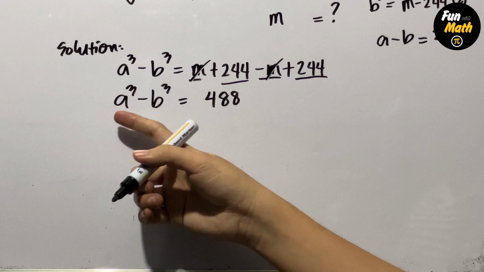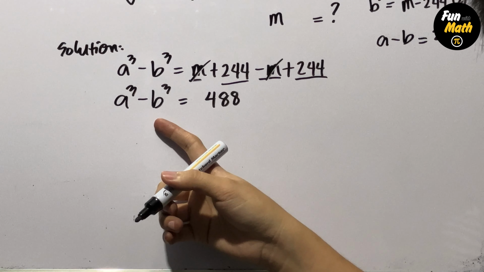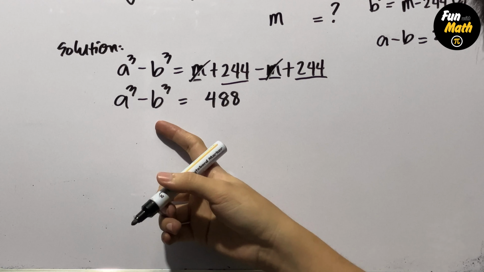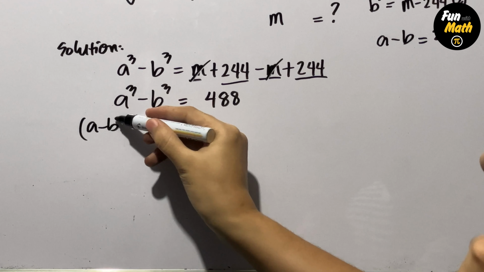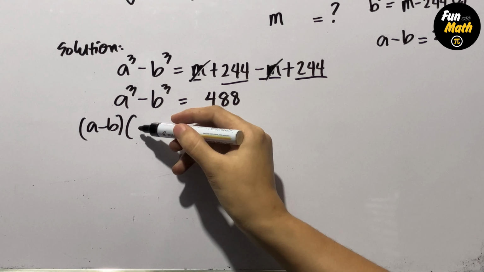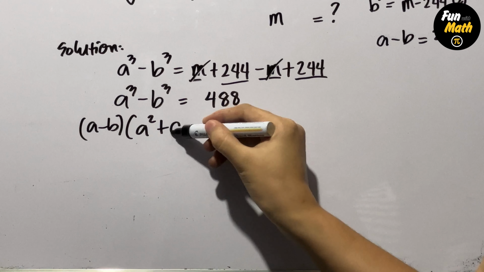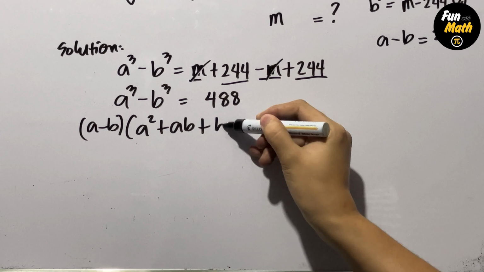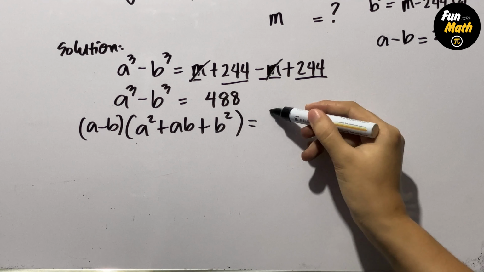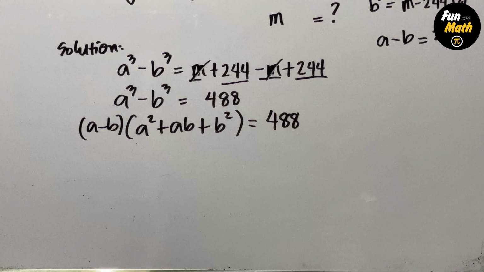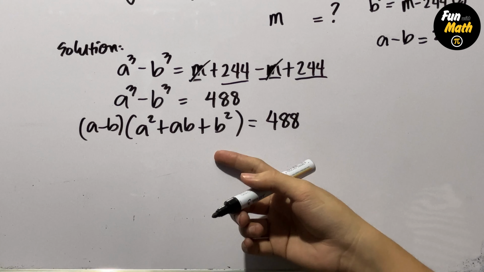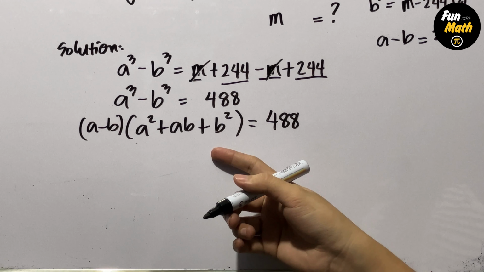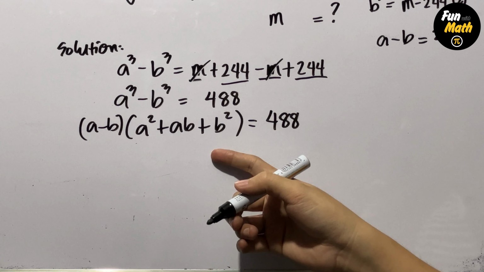Now, a cubed minus b cubed is an identity. And to expand this, this is now a minus b times a squared plus ab plus b squared equals 488. Next is, for this group, we are going to add an equivalent to 0.